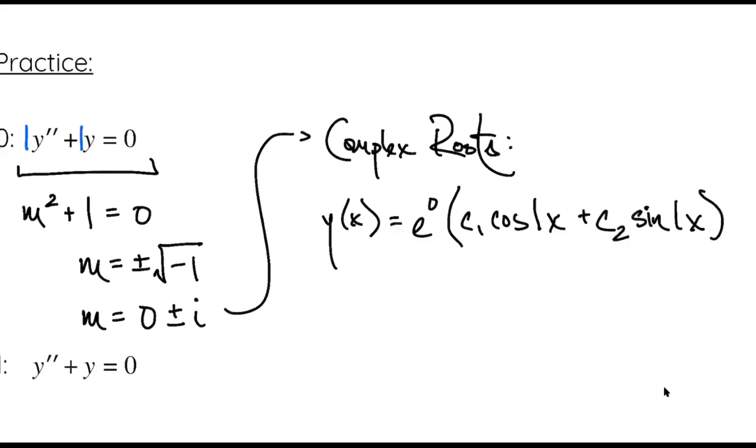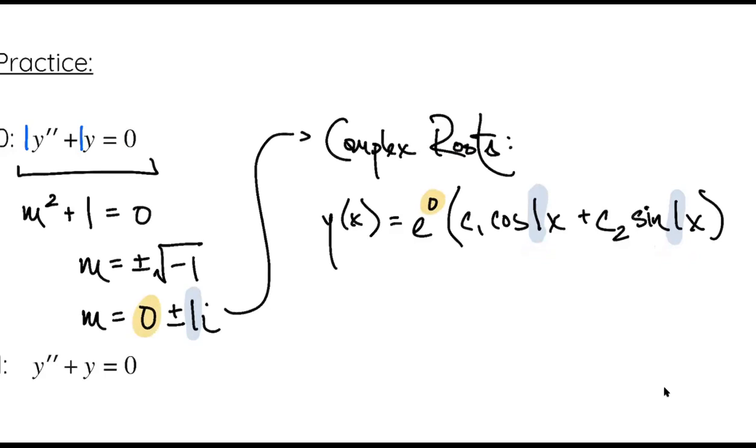And I'm writing all the extra numbers in here just so we can see that this 0 is that 0. And that this 1 and this 1 secretly come from 1i, right? That coefficient of the i gives us the number in front of the x in my sine and cosine, okay?